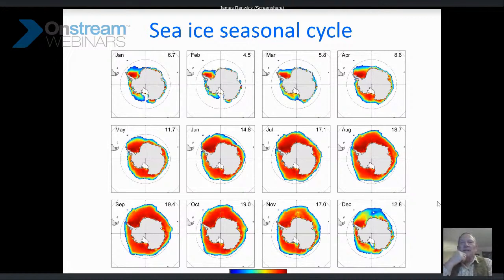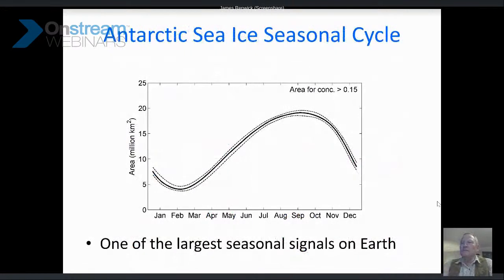It's quite incredible. So if you just add up the amount of sea ice, and the way this is done with the satellite information, you've got these boxes of 25 kilometres on the side, and what the convention is, if more than 15% of that box is considered to be covered in ice, then that's a sea ice grid point. So the way it's done is you add up the number of those boxes and the area to work out how much sea ice there is around the continent.